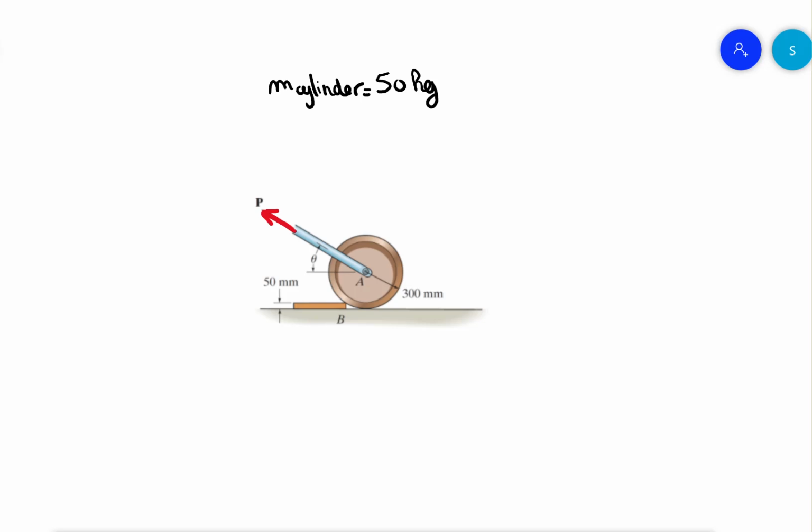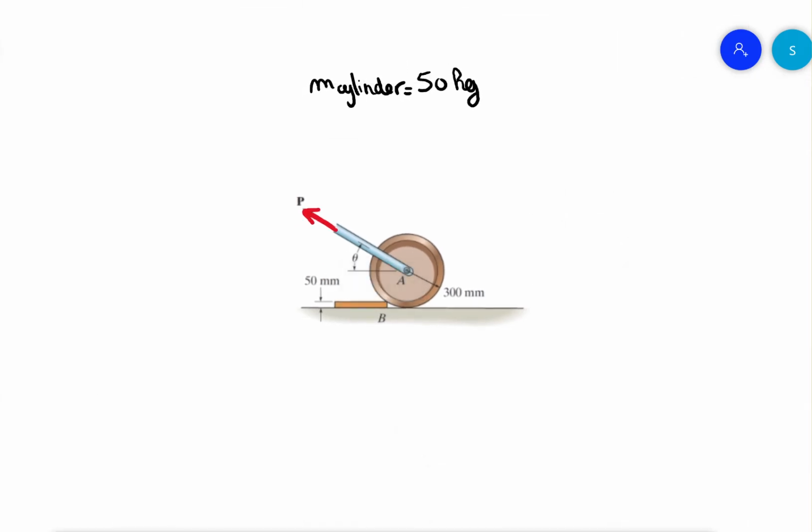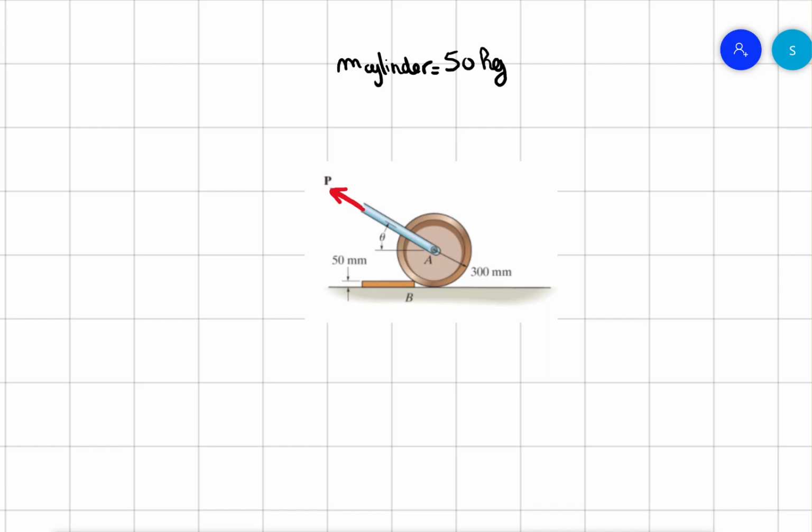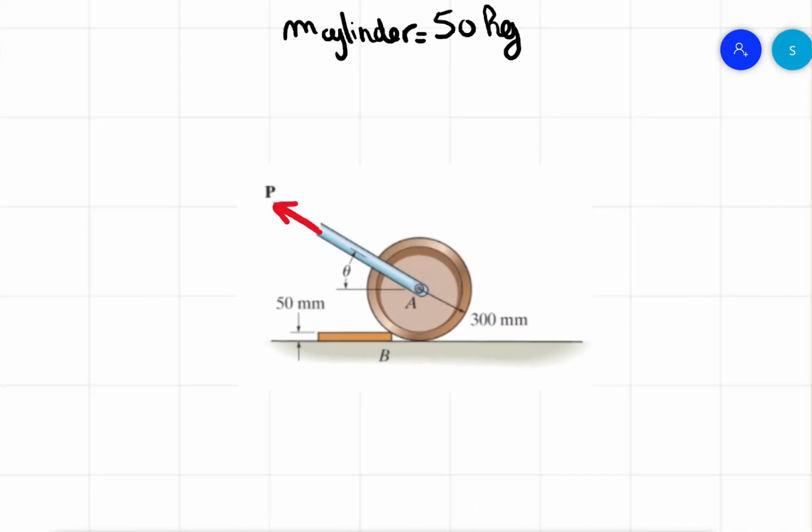Okay, so let's look at this drawing a little bit closer, because I think that's the key. We have the 300 millimeter. What's applied on the cylinder? We have the weight.